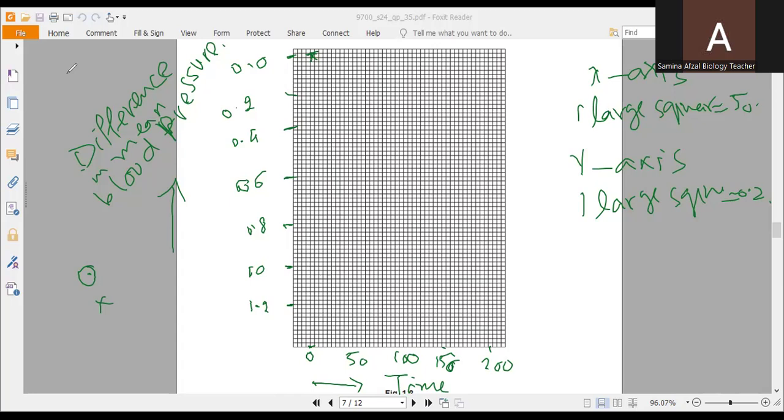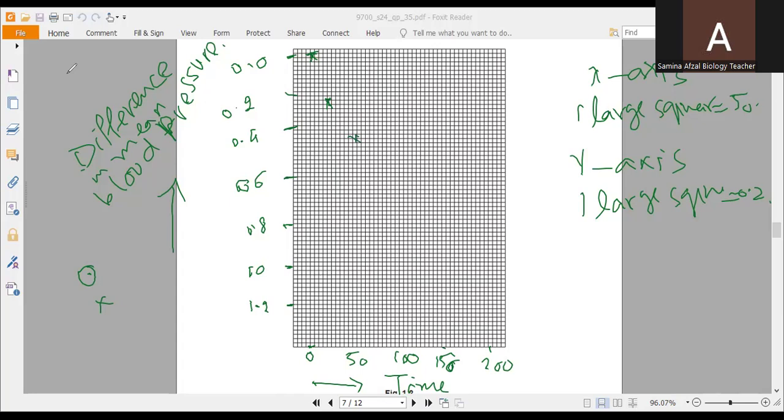So it is at 25, in the center. It will be over here. And the next will be 0.5 at 80. So 80 can be over here.